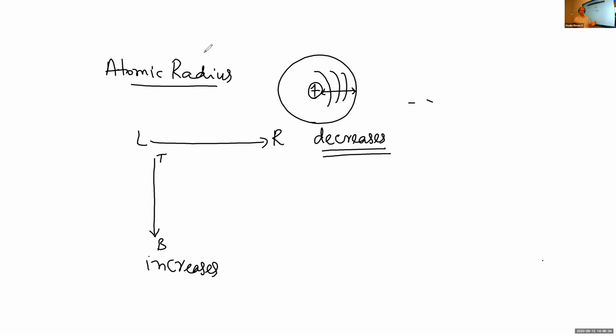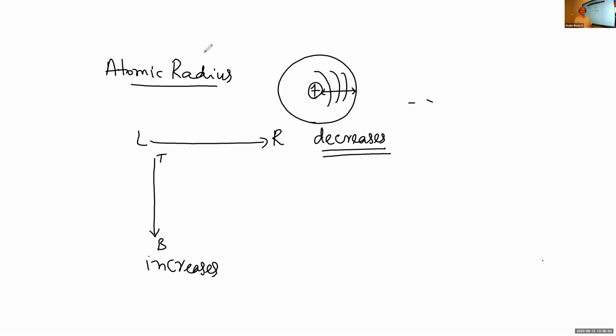Due to the mutual repulsion between the electrons in the shell, there is an expansion of the shell, and therefore the atomic size of the noble gases increases.